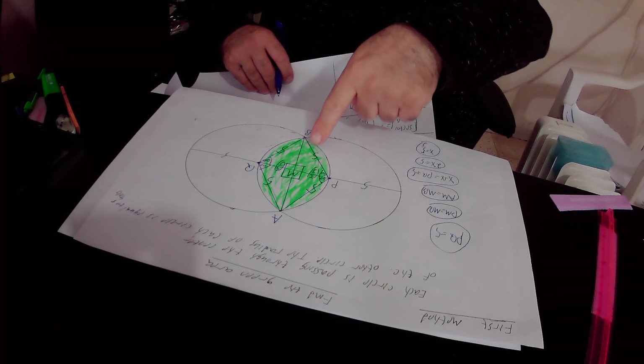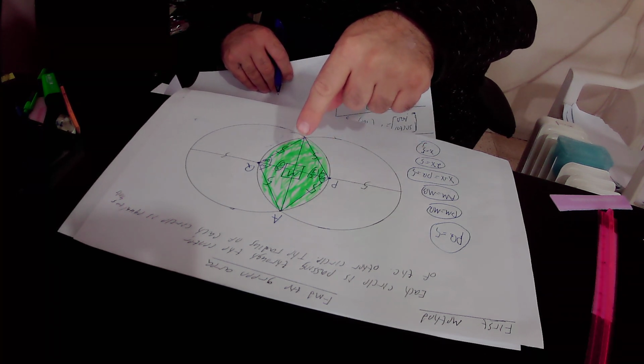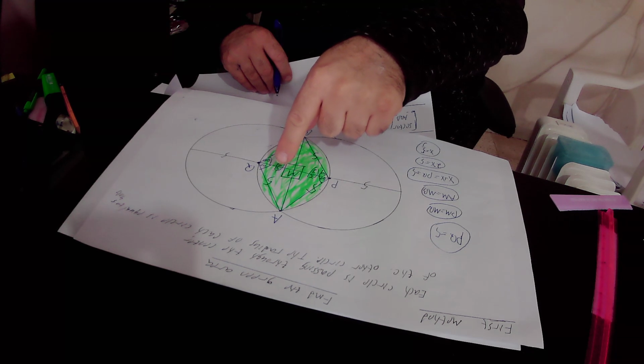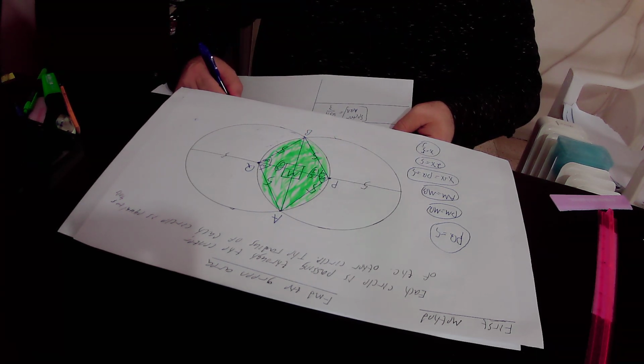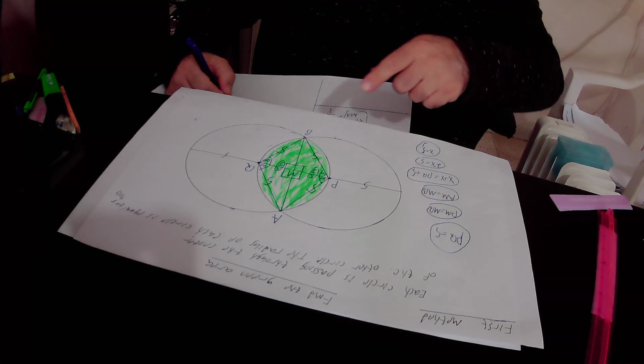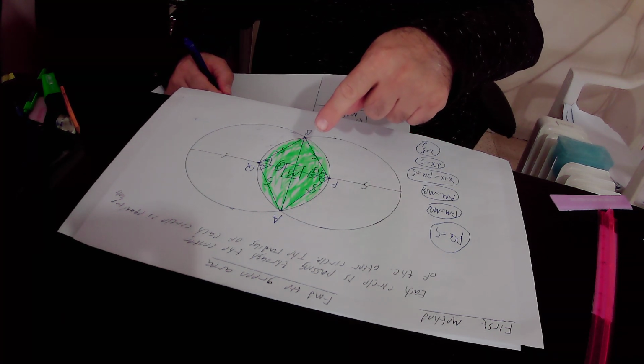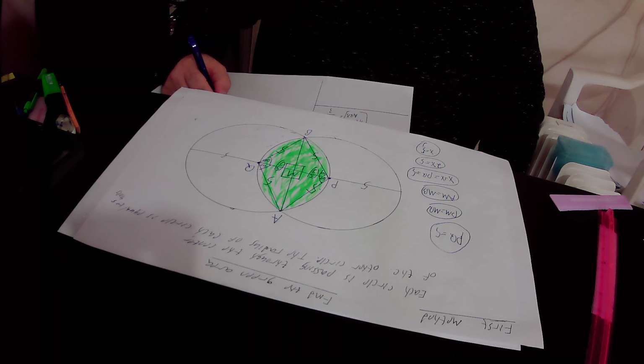The area of segment APB will be equal to the area of sector AQB minus the area of triangle AQB.